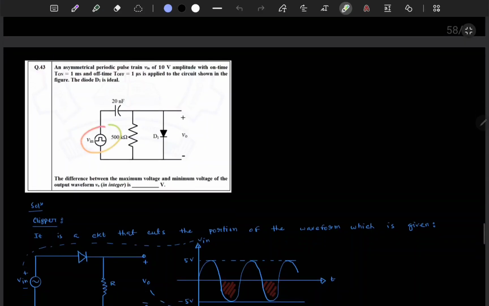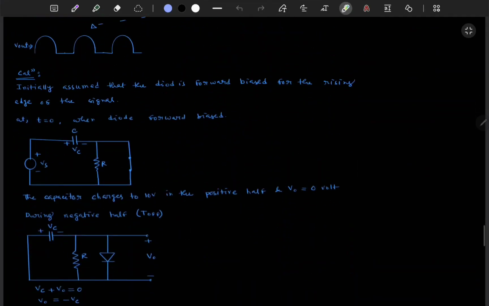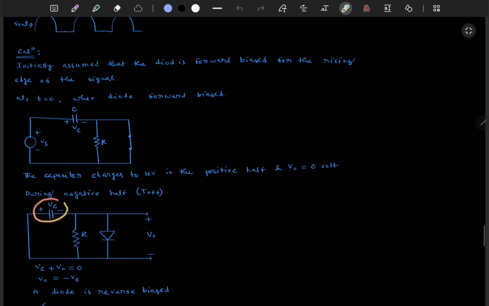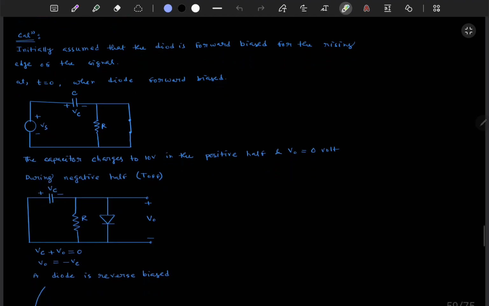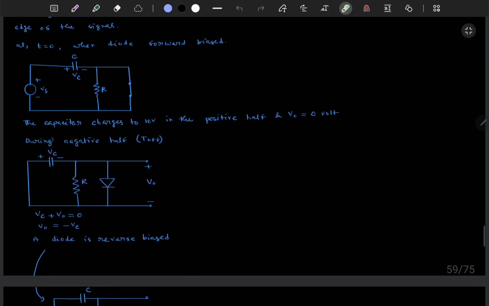The input signal is on for the first 1 millisecond, then off for 1 microsecond, then again on for 1 millisecond, then off for 1 microsecond, and it goes on like that. The negative cycle means the off cycle, no input is applied, so whatever charge is inside the capacitor will continue discharging.